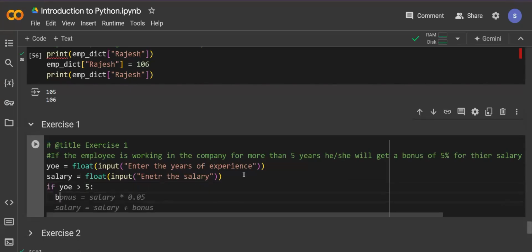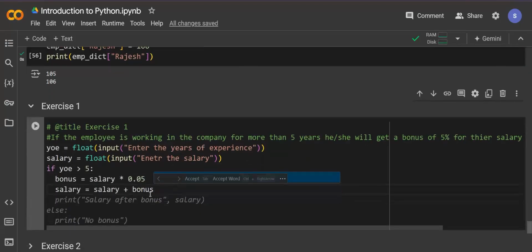So let us write here, bonus is equal to salary multiplied by, what is 5%? It is 0.05, right? So let us write 0.05 and let us add it to the total salary. So salary is equal to salary plus bonus, correct?